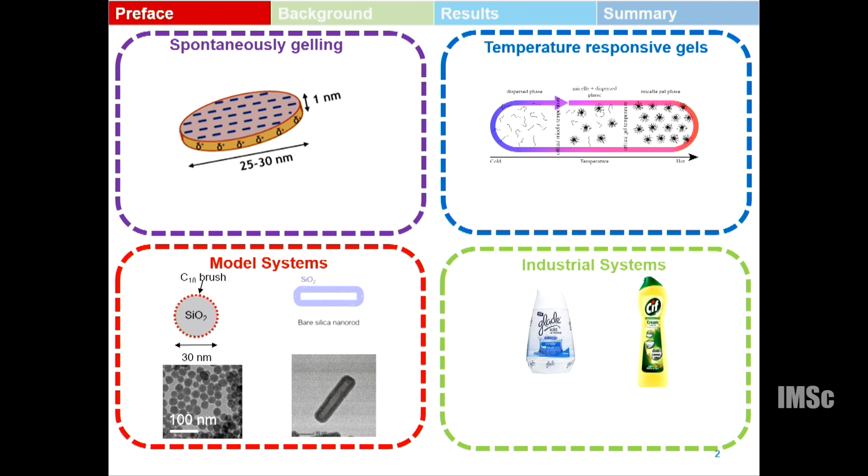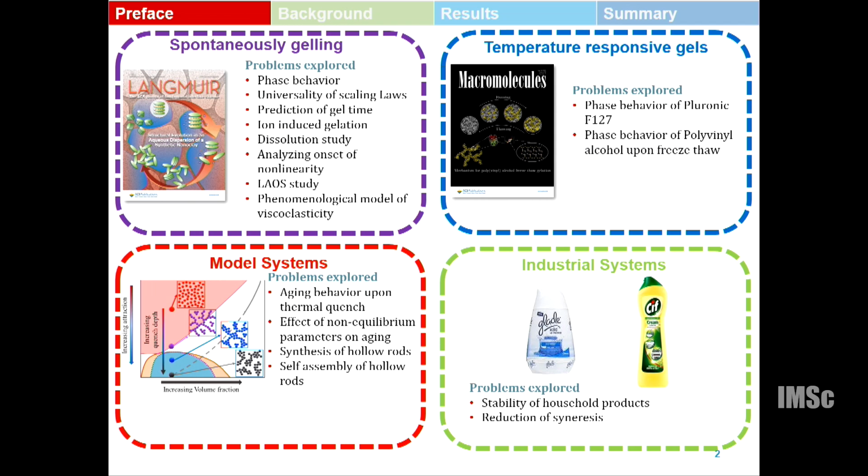I also worked on synthesizing systems or nanoparticles of spherical and rod-like shape, and some of my work was on industrial collaboration, where we worked on industrial projects. We had a few publications and a few problem statements which we tried to address.